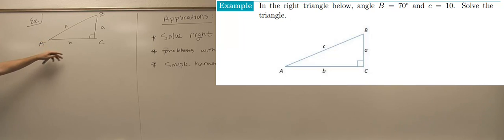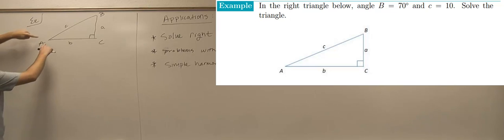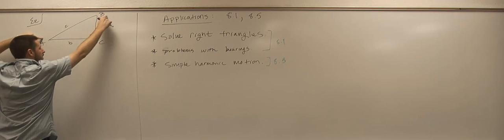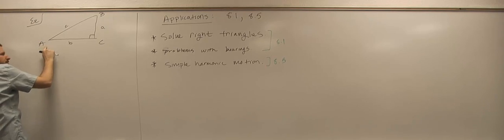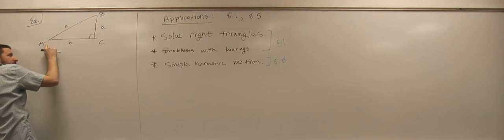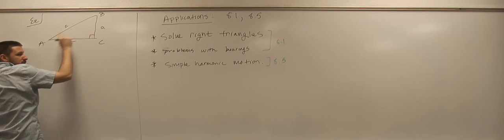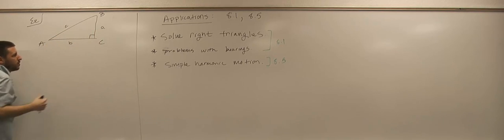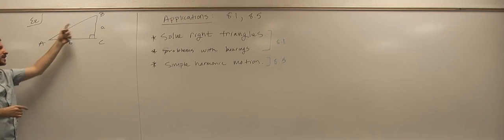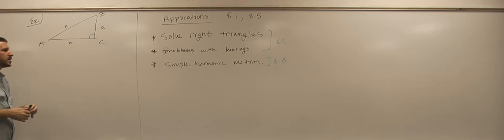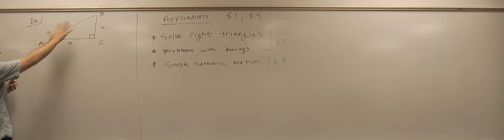This is a labeling you should get used to. There's kind of a pattern to this, meaning that all the capital letters represent angles, and the capital letter and the lowercase letter are opposite one another. This isn't always necessary, but it's a standard labeling you'll see in a lot of books, so that you don't even need the picture.